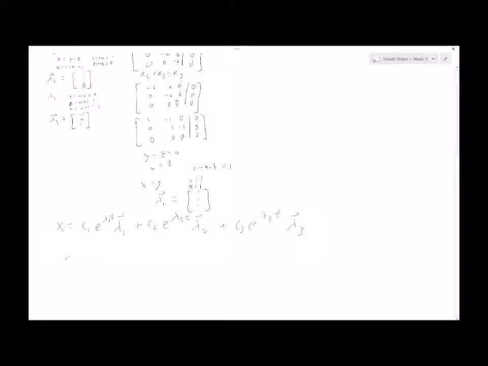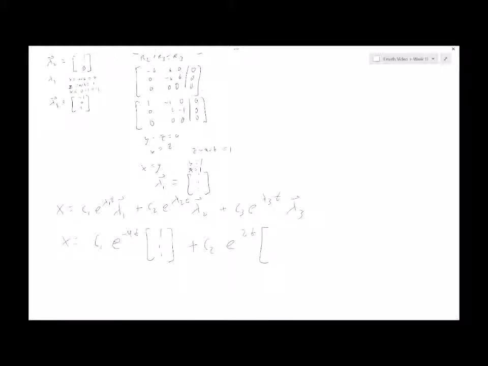So in this case, x would equal c1 e to the negative 4t (1, 1, 1) plus c2 e to the 2t, and then eigenvector 2 is (1, 1, 0), and plus c3 e to the 2t (negative 1, 0, 1).